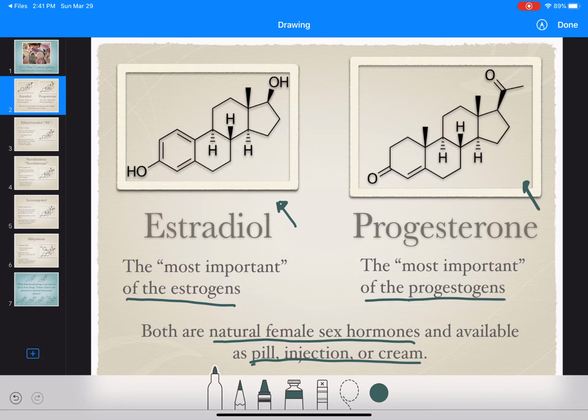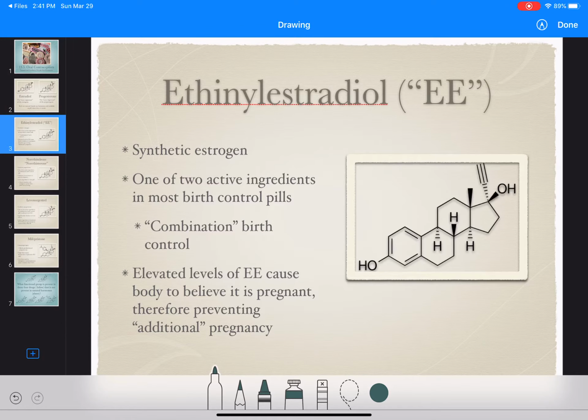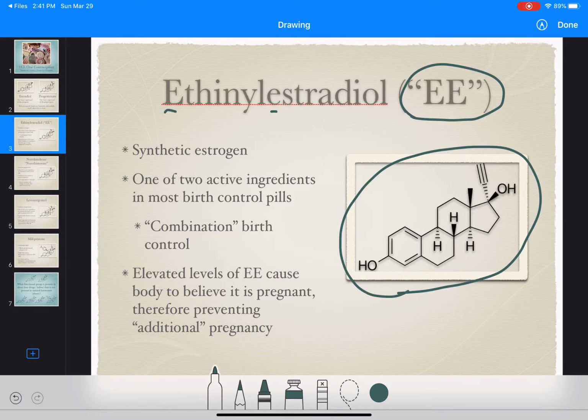What we're going to look at next are the structures of 4 female sex hormones that are synthetic, not naturally produced. So the first one we're looking at is ethinylestradiol, which is abbreviated EE. If you look at it, you'll see that the structure of this particular molecule looks really similar to the structure of both estradiol and progesterone.